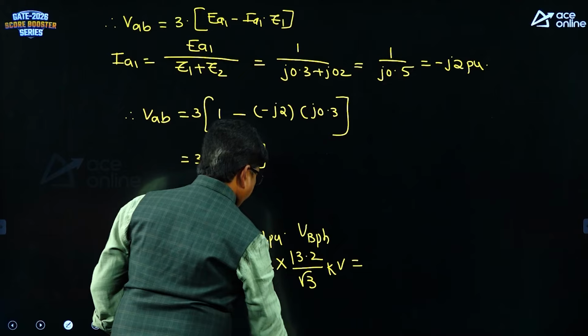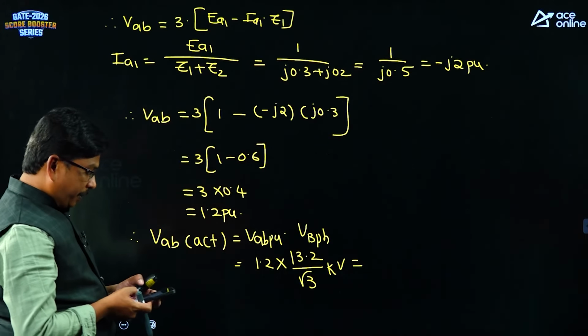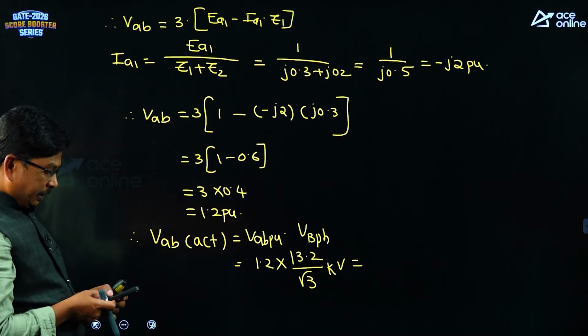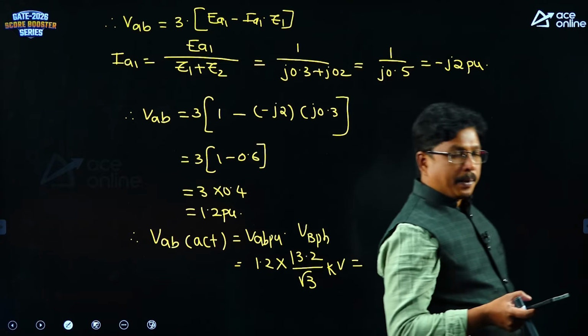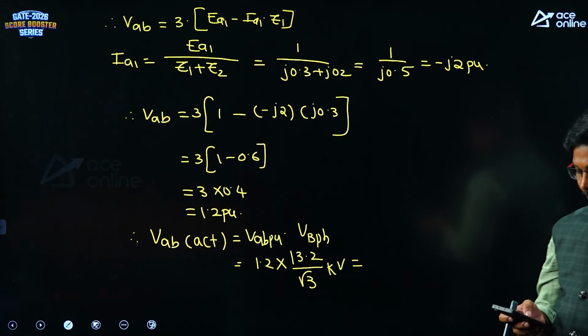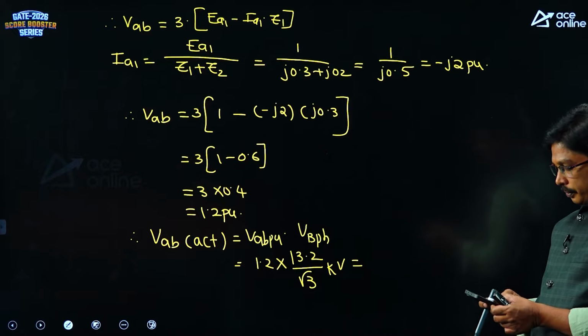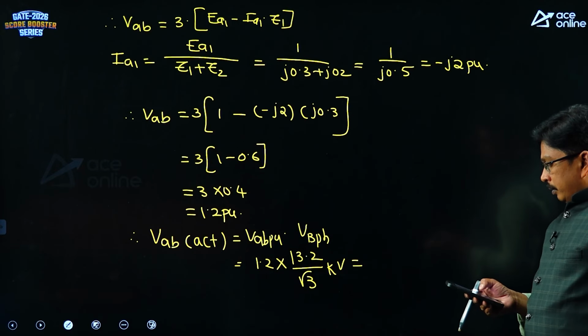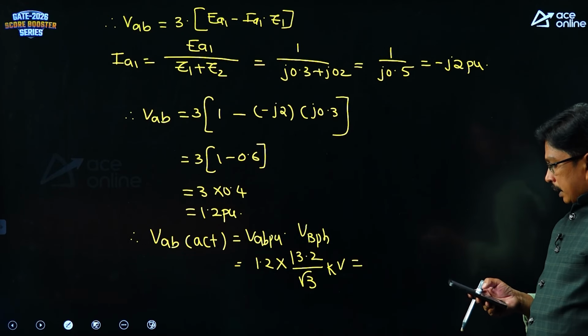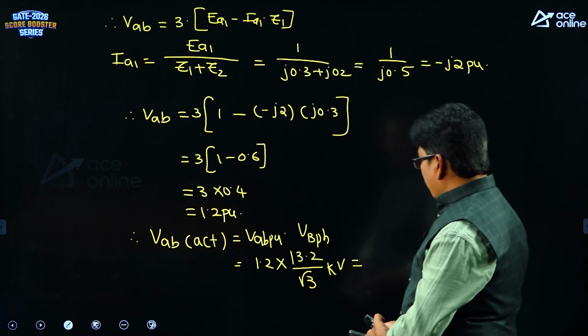Calculate this value, students: 1.2 into 13.2 kilovolts divided by root 3. You can get approximately 9.12 kilovolts.